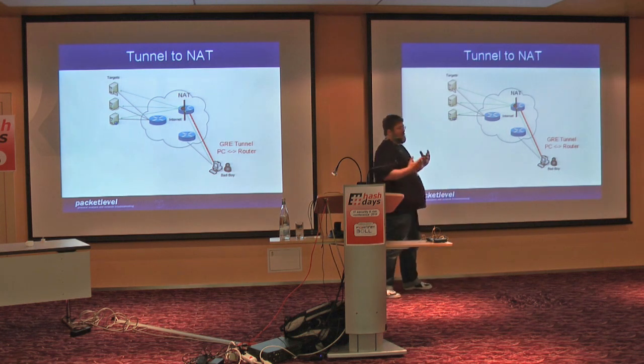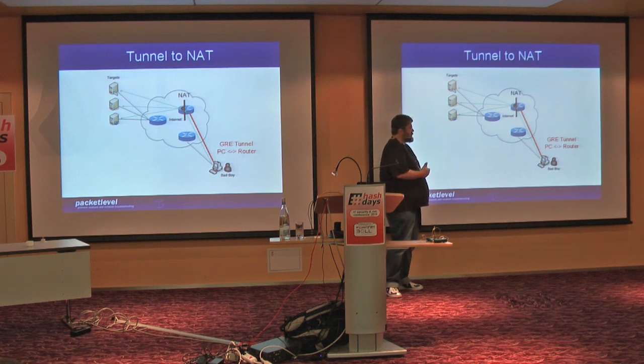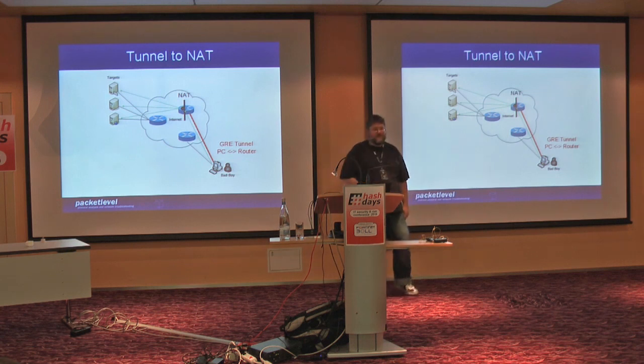Bad for him, because first we saw a lot of DNS requests coming from him, and then we see, okay, maybe this source IP address is involved in this case, and yeah, it was.